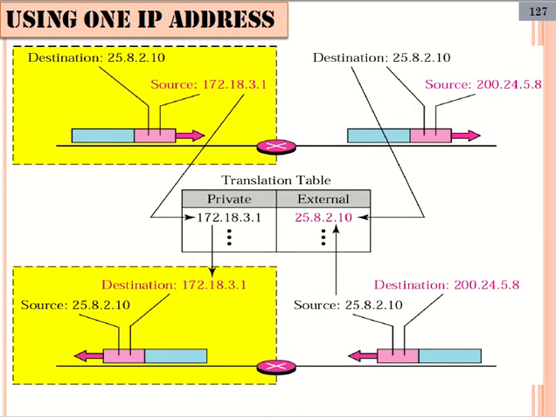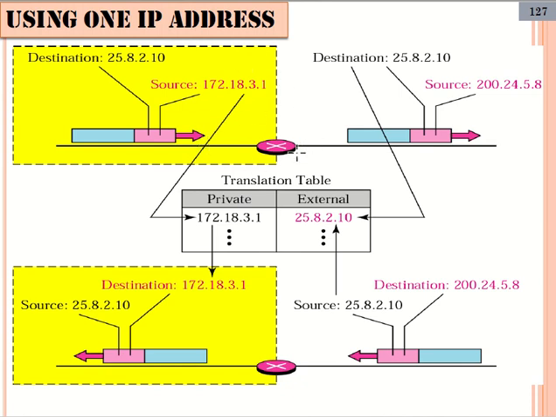There are multiple ways we can do this. The first one is using one IP address. We'll take a case wherein there is one IP address for this NAT and you have a private network here. Whenever a device wants to send data to the external world, it is going to add its address, that is 172.18.3.1, a private address, and it will be sent.